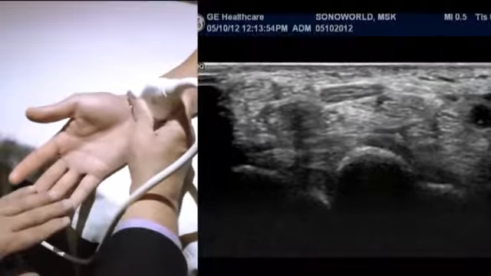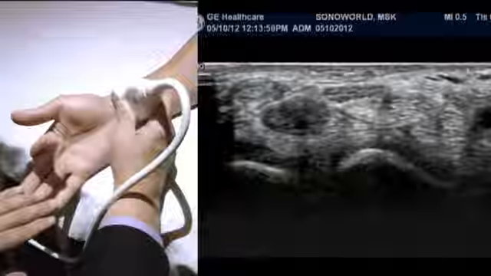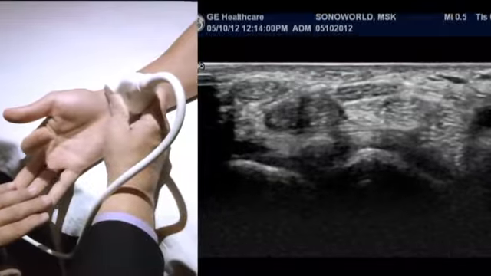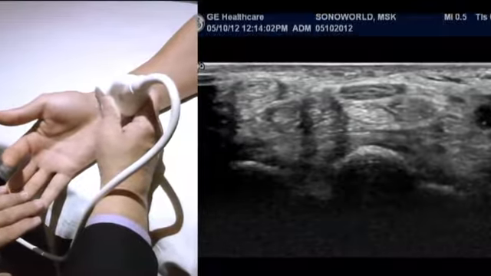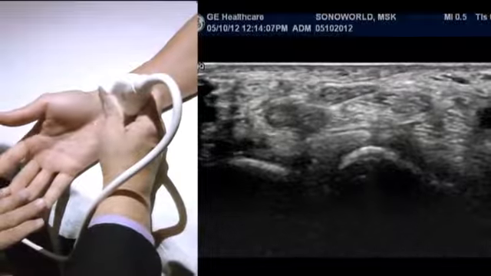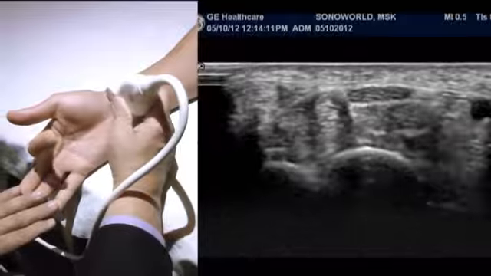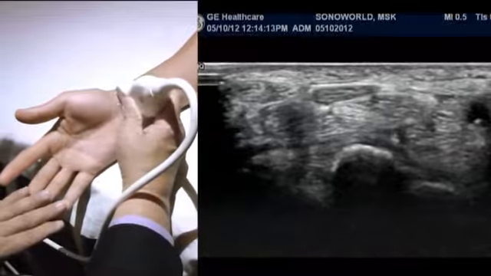Here, one more time, you appreciate the translating flexor tendons, both deep and superficial, of the index finger, and a relatively preserved median nerve. This would be the dynamic imaging most often wherein we initially evaluate the median nerve.